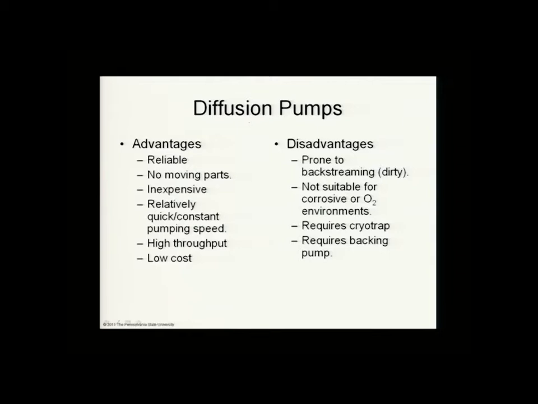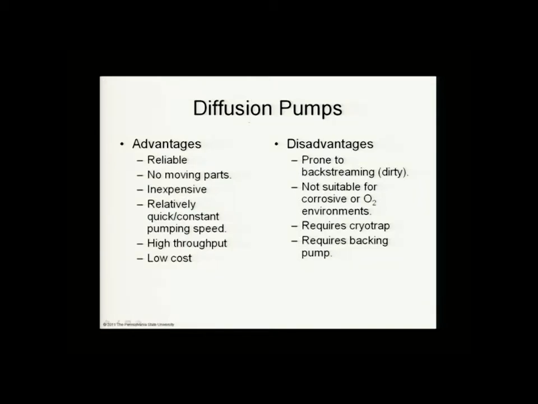This is hot oil. They require cryo-trapping. That is, although I didn't show it in that schematic, there's generally a trap between the diffusion pump and the vacuum chamber itself to try to capture oil, cool it down and capture it before it makes it into the vacuum chamber. Remember, we have oil molecules.